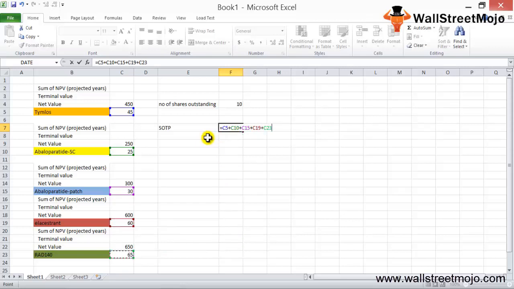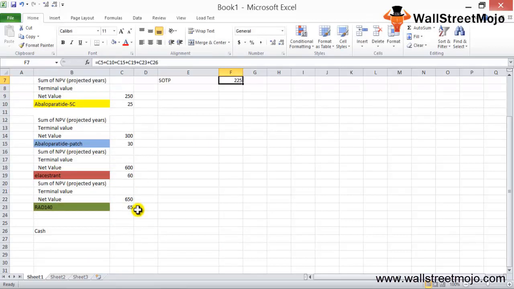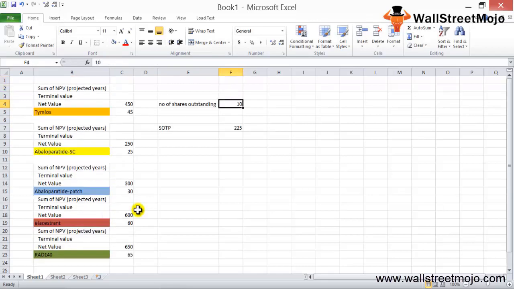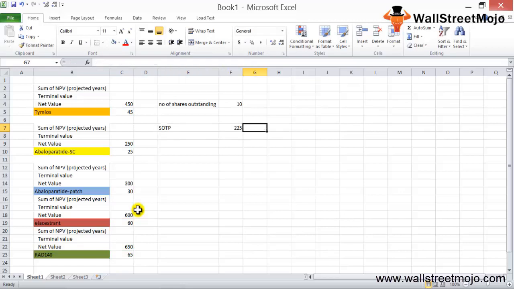And we also have to include the cash value. Let's say the company is not having any cash, so the overall value is going to be $225 per share. Now if the stock price of this particular company is trading at less than this, then you can put in your buck, and if it is more than this, then it is overvalued. That's up to you, but to give you an idea, that's how the SOTP will function.